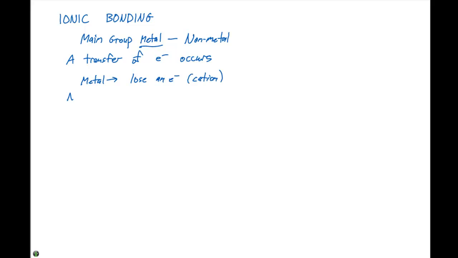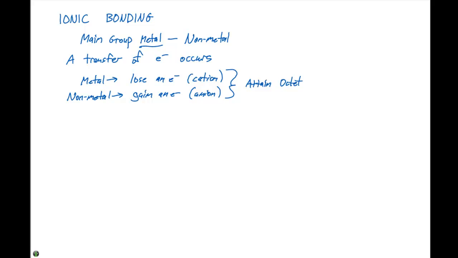and the nonmetal will gain an electron, and in the process it will form an anion. Collectively, this will attain an octet.